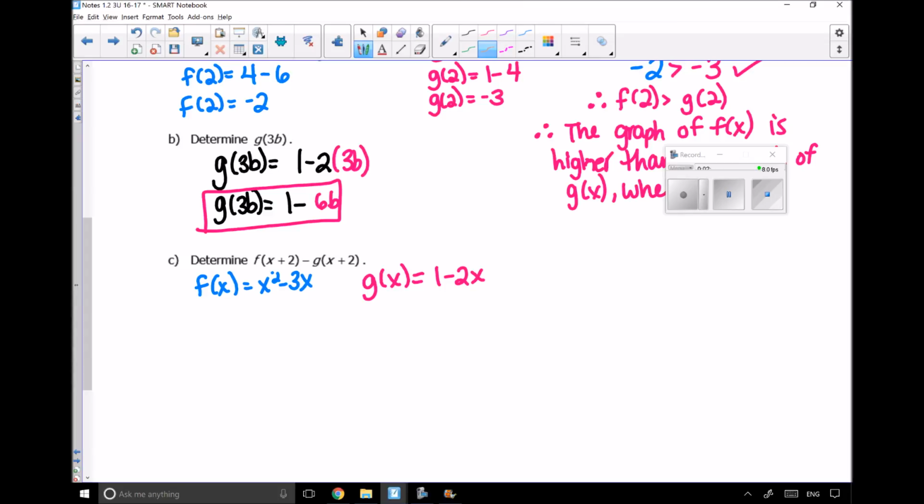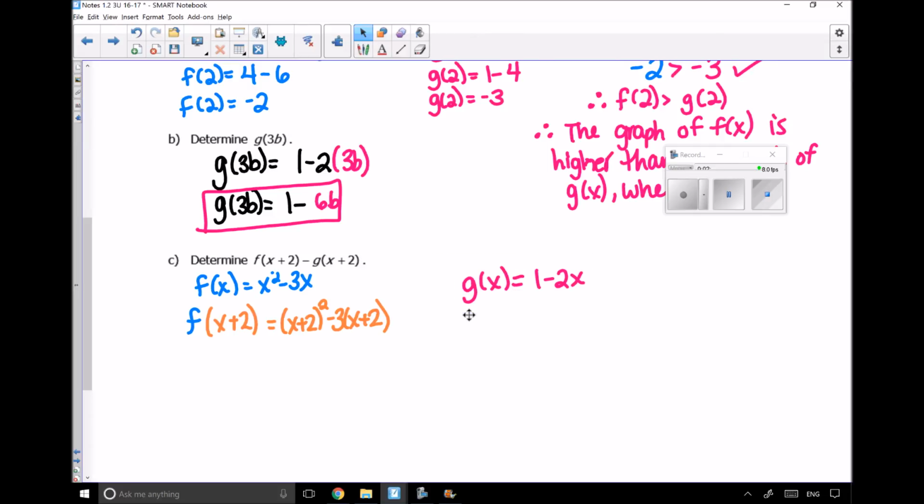That's what it's saying. So to do that, I would say f of x plus 2 is equal to x plus 2, and then I'm going to square my input, minus 3 times x plus 2. Okay? And then to do this piece right here, it's the exact same idea to find out g of x plus 2.